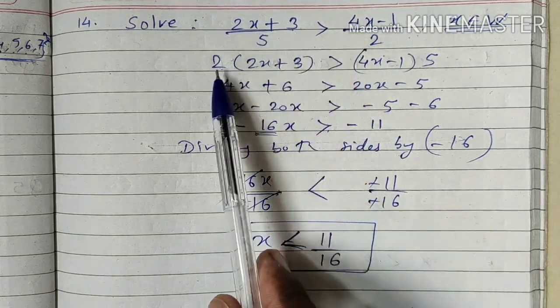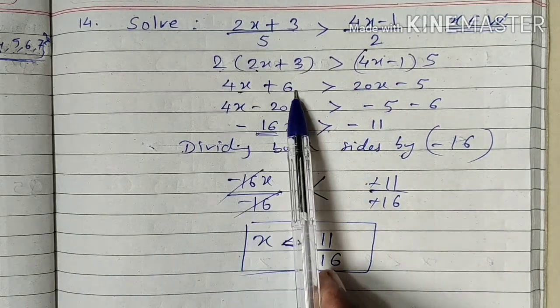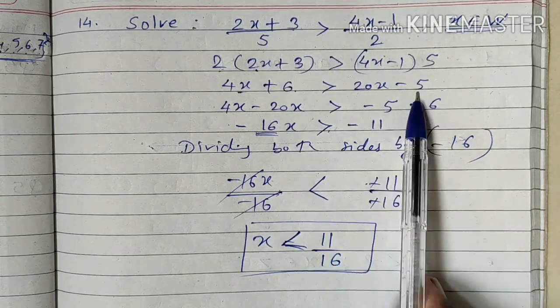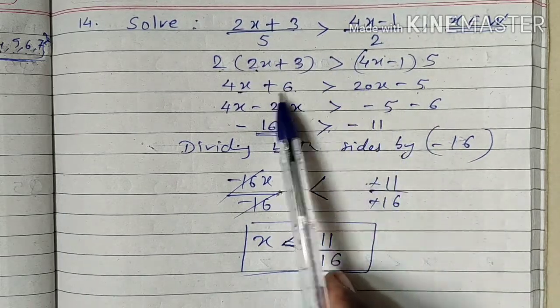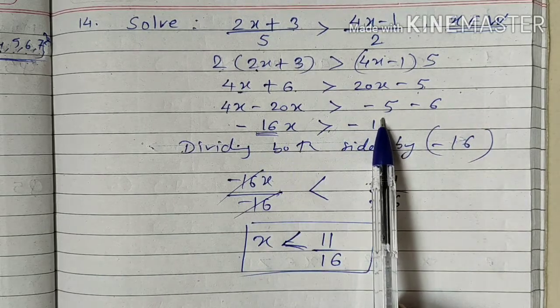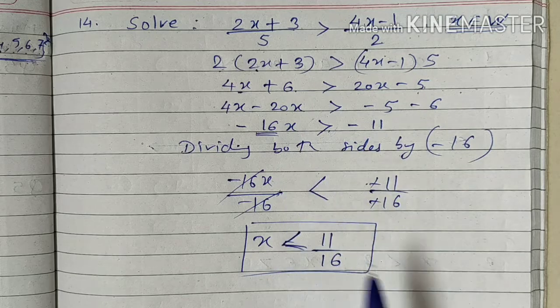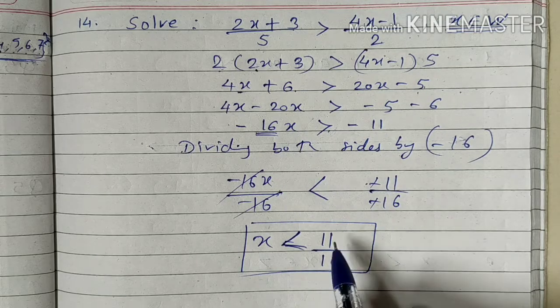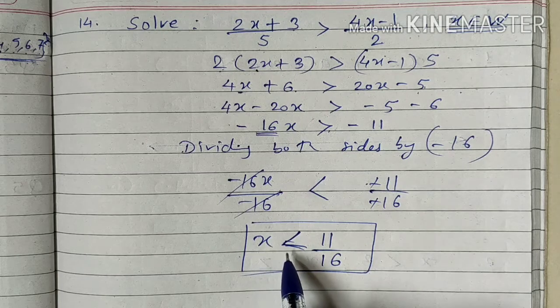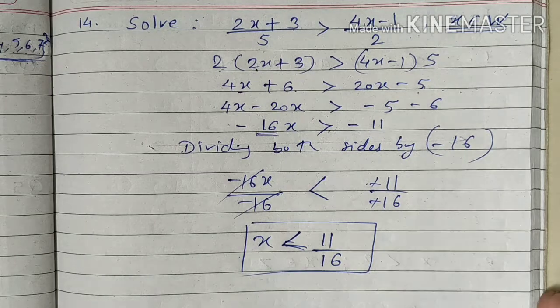First cross multiplication, 2 2s are 4 plus 6, 5 4s are 20, 5 1s are 5, shifting x to one side, constants to the other side, so it becomes like this. So the value of x is less than 11 upon 16.